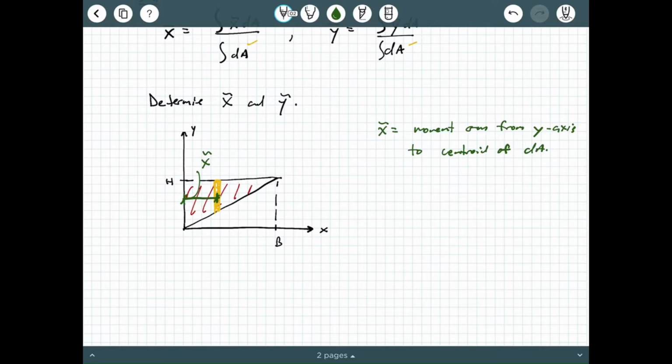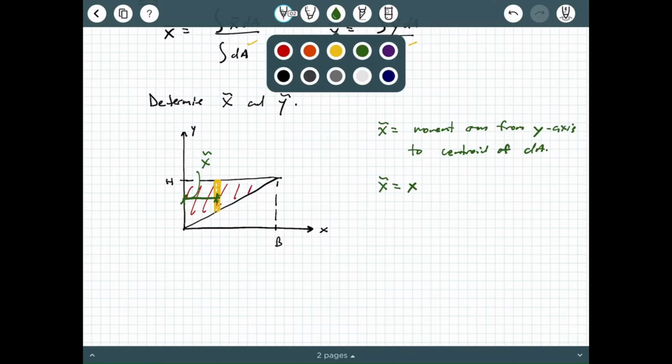If this is x tilde, then we're pretty much done, because the center line of this slice, you could slide this dimension line down here, and this right here is still your x tilde. So x tilde is still just going to be x, similar to what we've seen in another example.